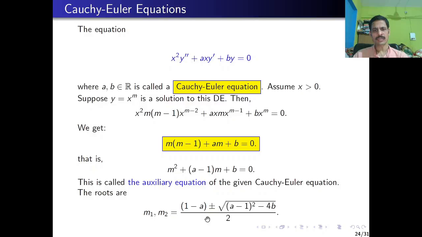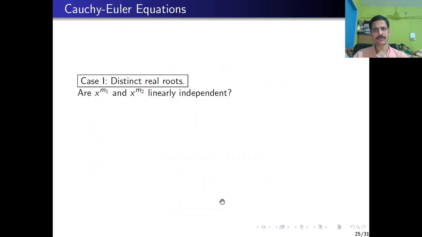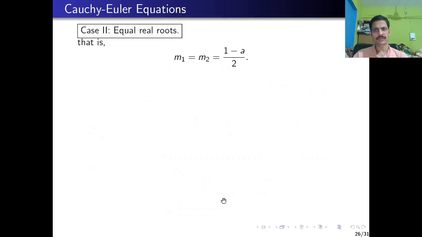So, the equal root will be (1 minus a) divided by 2. From this we get only one solution of the Cauchy-Euler equation, namely y is equal to f(x) is equal to x raised to (1 minus a) divided by 2. But we want to find another solution such that the two solutions are linearly independent.